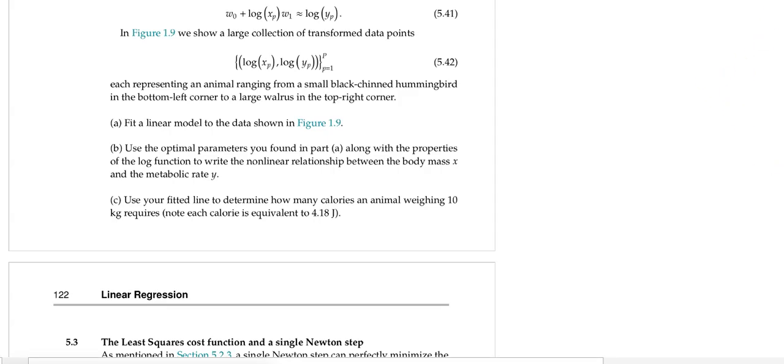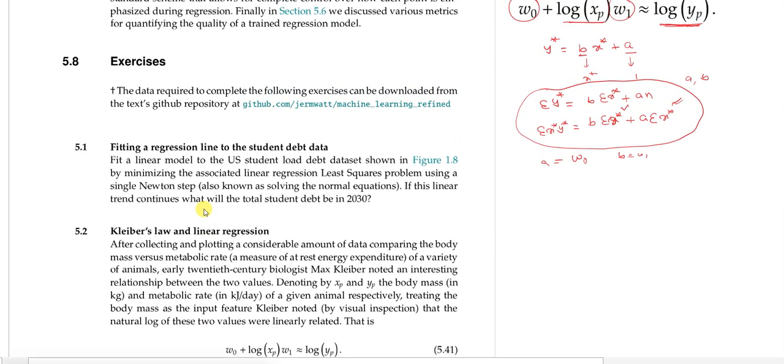Now, use your fitted line to determine how many calories an animal weighing 10 kg requires. Suppose the relation is log y star equals w0, for example 40.3, plus log xp times w1, which is 27.9 for example, equals log yp.